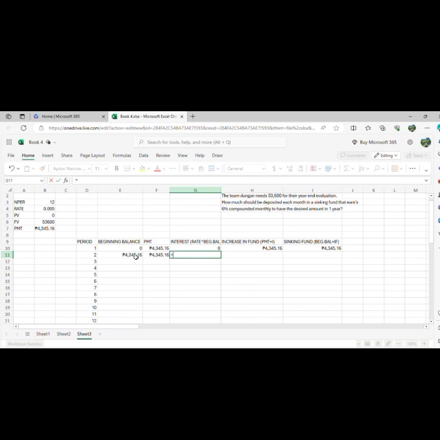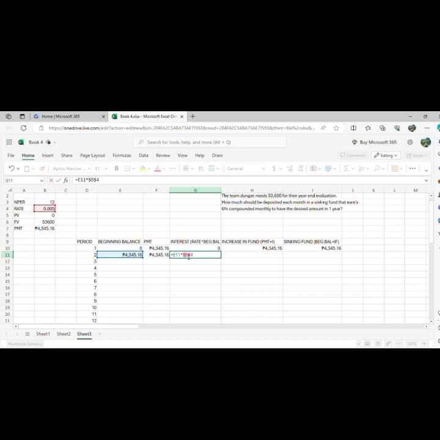For the interest, press the equal sign, then the rate. Since the rate is constant, we always multiply the rate. We put the dollar sign before and after the letter for shortcut purposes. So later, you will understand why.